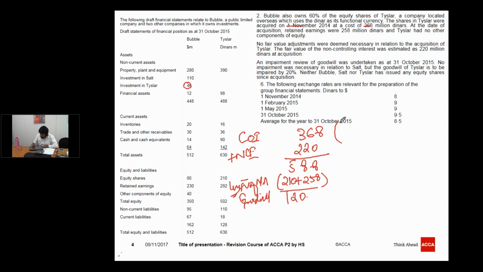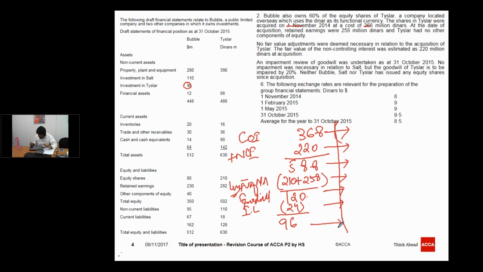Now, the first step is to calculate the value of the goodwill in dinars. The impairment loss is 20%. So the impairment loss is 24 and the final value is 96. Now you are required to translate all the values from dinars to dollars at the exchange rate of the date of the transaction.